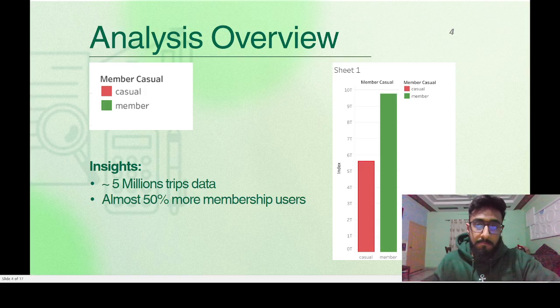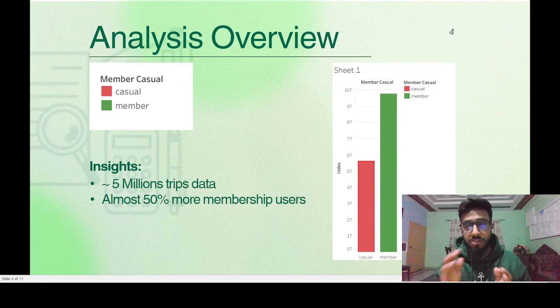The data we were given, for the 12 months combined, made approximately 5 million trips, and these are the results of those trips. So we can see a huge difference in the number of casual riders and membership riders. There is already a large number of membership users as compared to casual users.